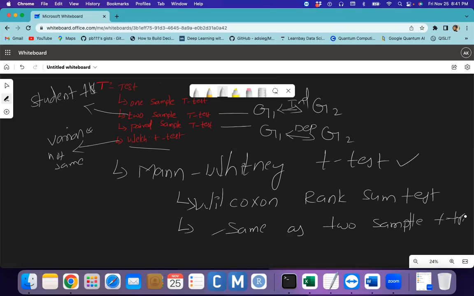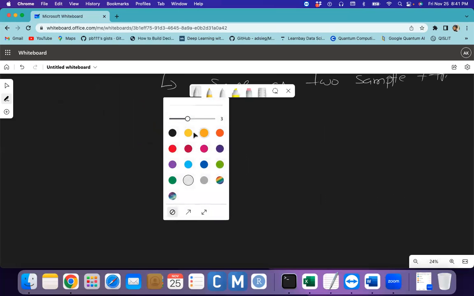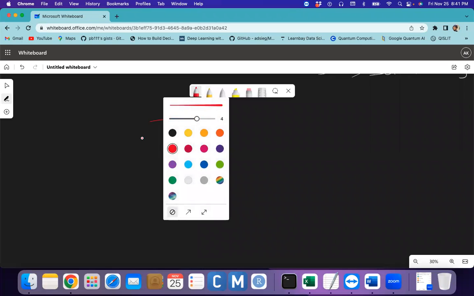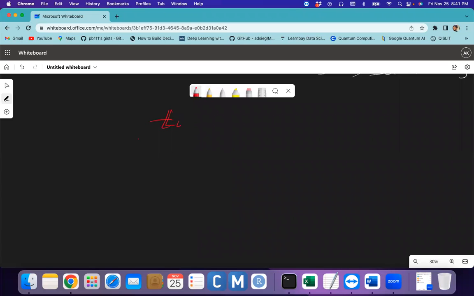So you might be thinking, then what is the difference between the two sample t-test and the Mann-Whitney test? Here it's a very simple thing you need to remember. Let me go for the two sample t-test.